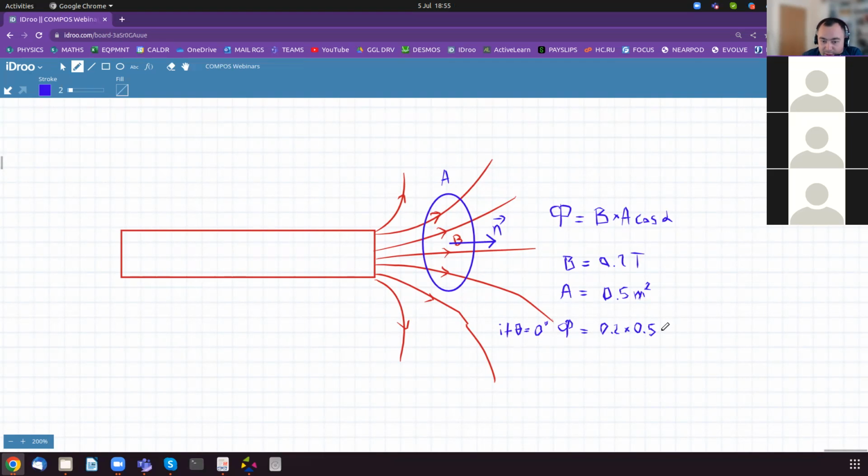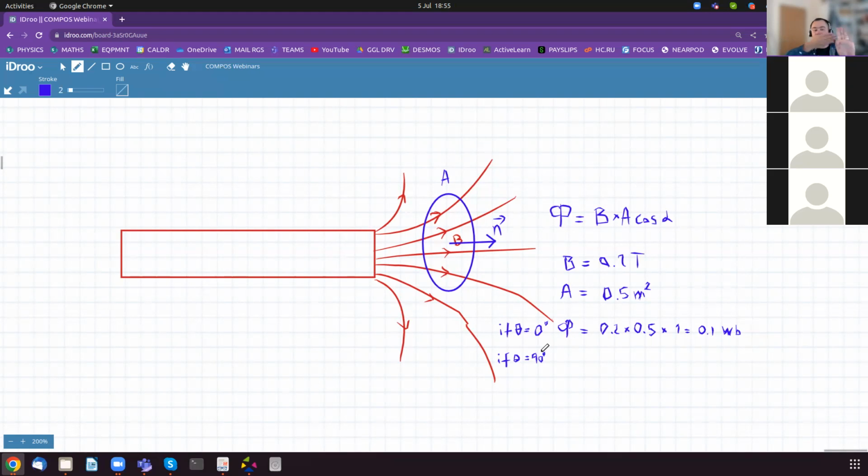0.2 times 0.5 times cosine 0, so 1. So that's going to be 0.1 Webers. Okay, so magnetic flux is measured in Webers. And if theta is 90 degrees, that means the loop is along the field.